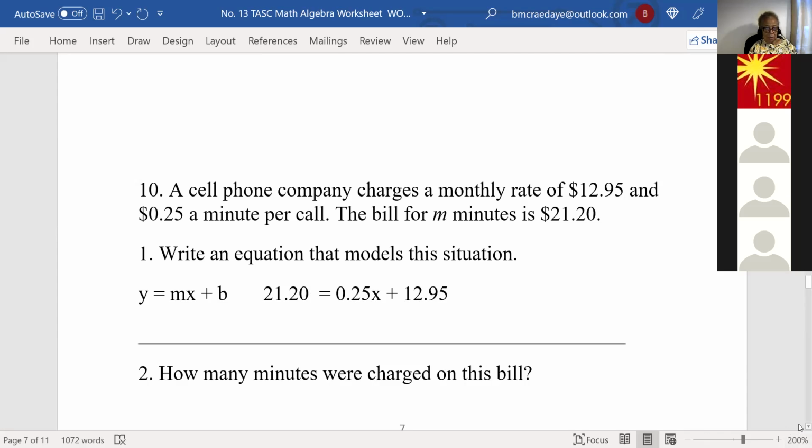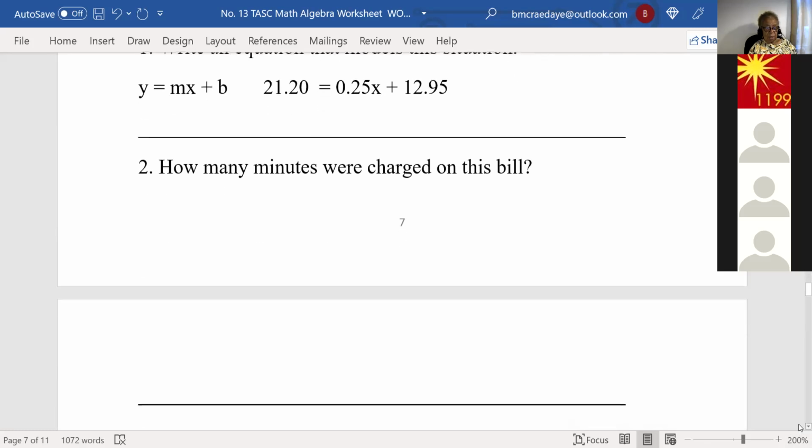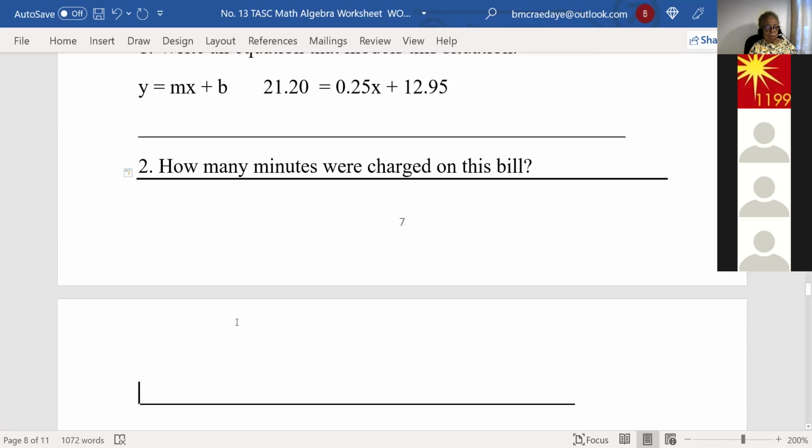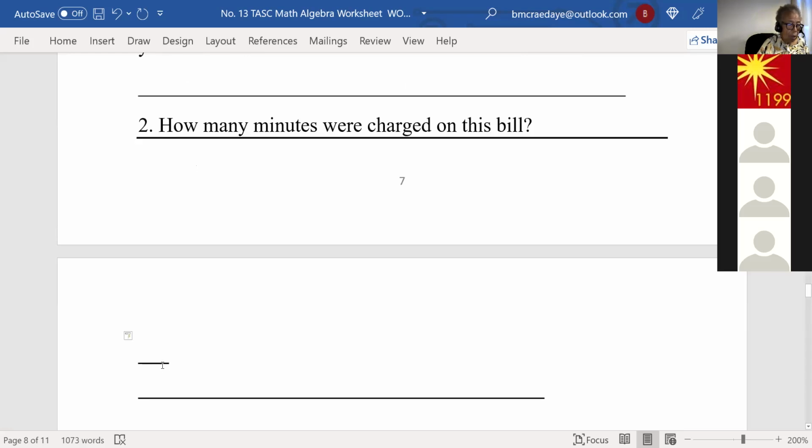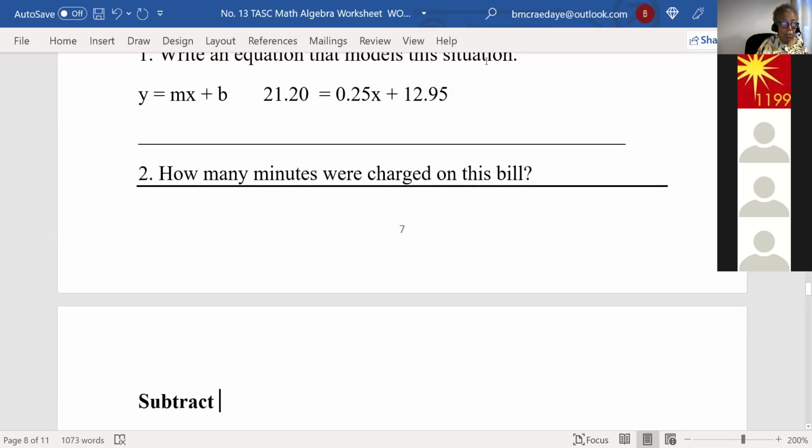Remember what I said to do? Okay, so to get the minutes, I'll write down in words: subtract $12.95 from both sides. You're using this equation right here, right?